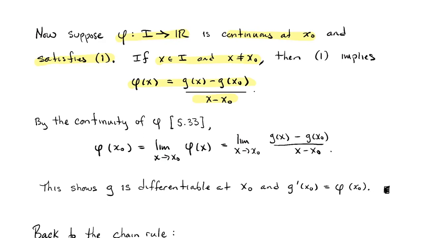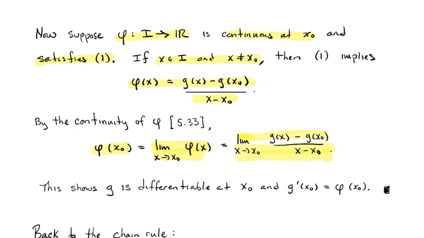x naught is an accumulation point of the interval. So if I take the limit as x goes to x naught of phi, I know I have to get the value there, because phi is continuous. I'm using the limit definition of continuity, which is valid at an accumulation point. But by this equation up here, that limit as x goes to x naught of phi is equal to the limit of the difference quotient.